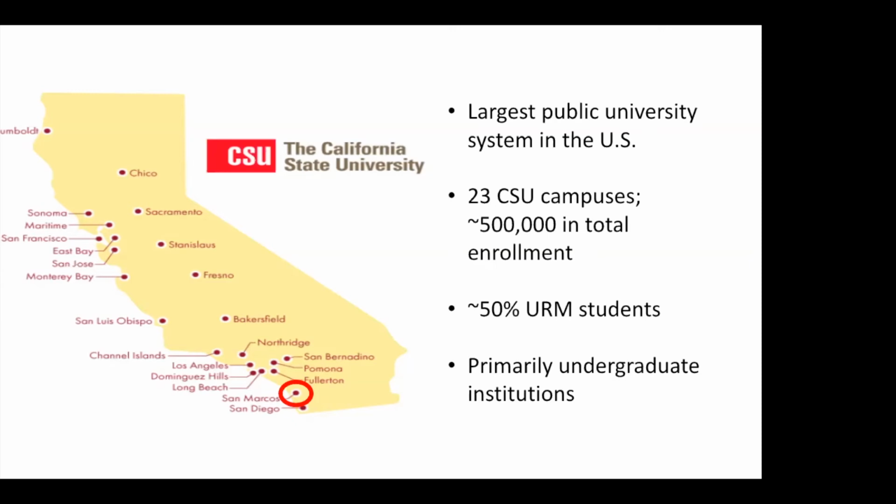Collectively, our 23 campuses have an enrollment of roughly 500,000 students. Those students are about 50% underrepresented minority, about 50% low income, and about 40% of them are first in their family to attend college. So a very diverse group, primarily California residents. Next slide.